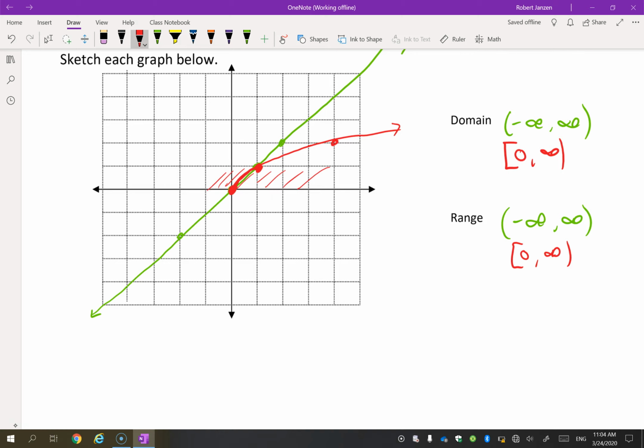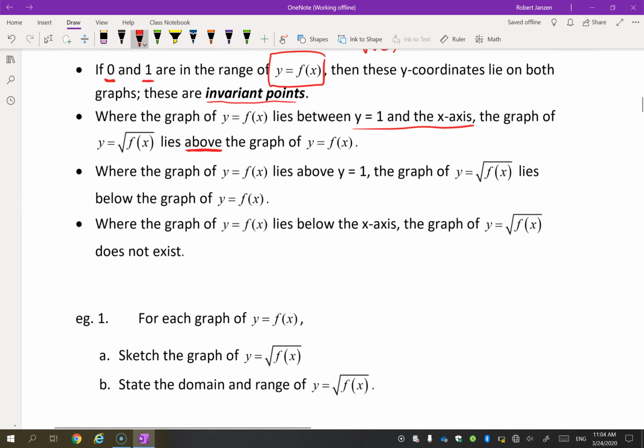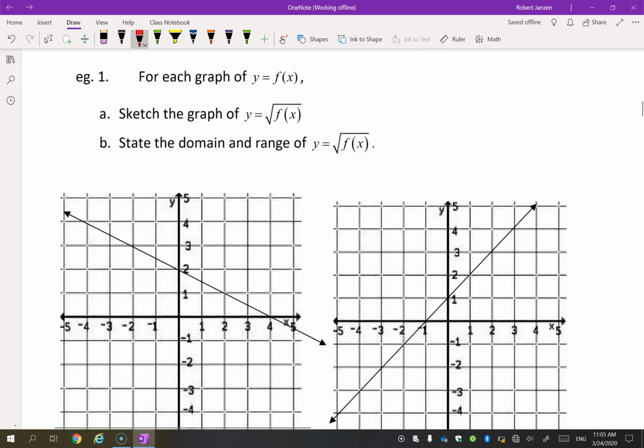Well, the original graph, the green one, when we take the root of it, it actually goes above the green line. Okay, and where the graph lies above y equals 1, the graph of f of x lies below the graph. Alright, and where the graph f of x is below the x-axis, we mean negative, the root graph does not exist.